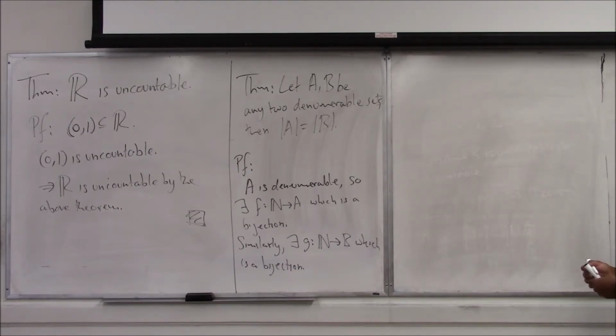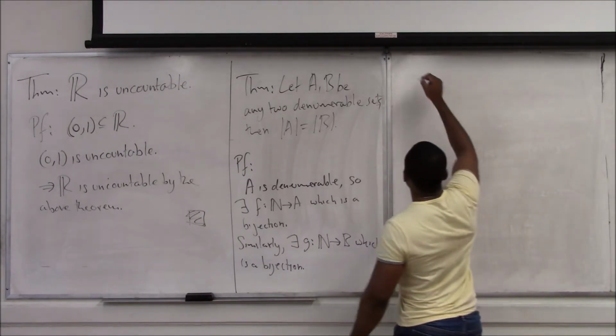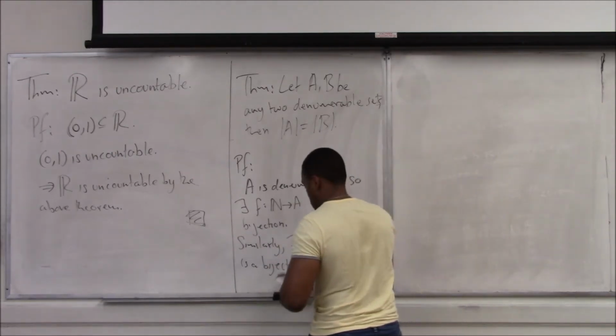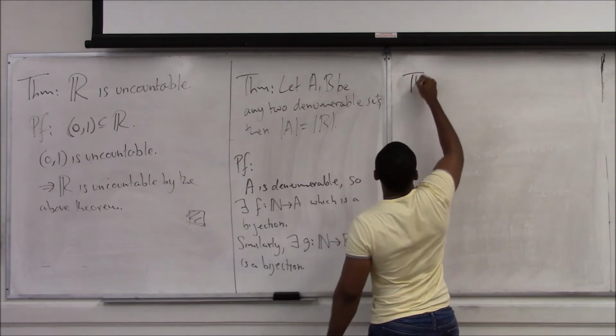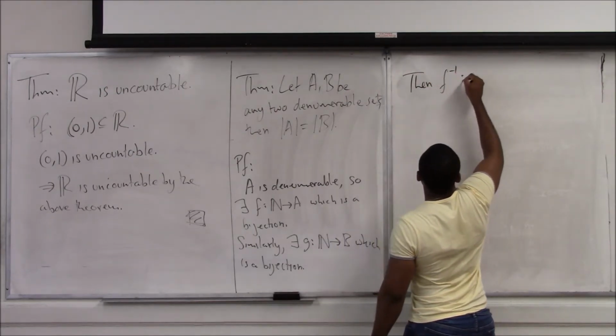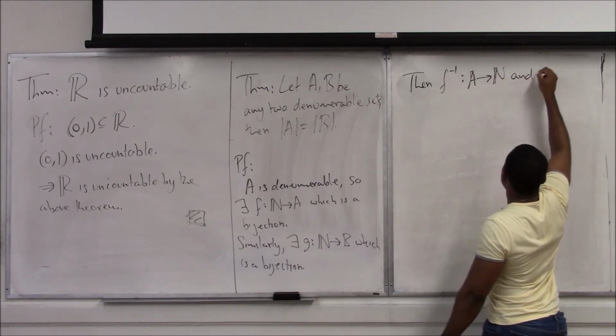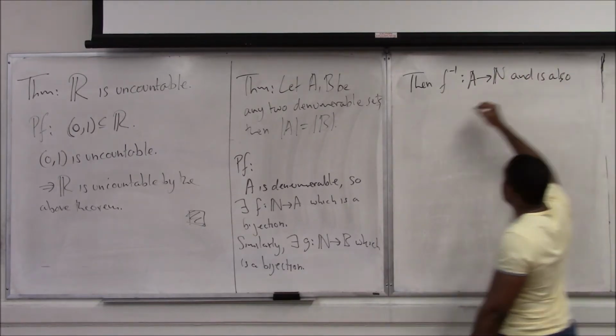Yeah? Could you create a, I was going to say composite function, but okay. How would you do that? Could you use G of F inverse? Then F inverse would go from A to N and is also a bijection.